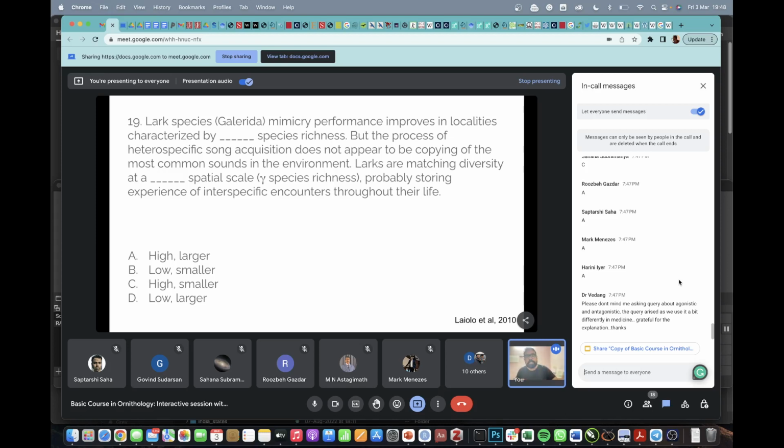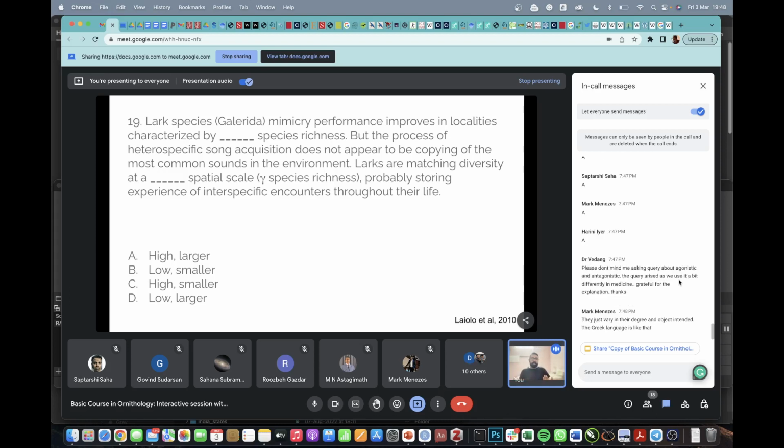In each transect, they noted the calls of the lark, and they noted down what all species that particular lark was mimicking. They also did a bird survey in that particular transect. So then they have two data sets that they can compare: the birds that the lark is mimicking and the birds that are actually present in the transect.